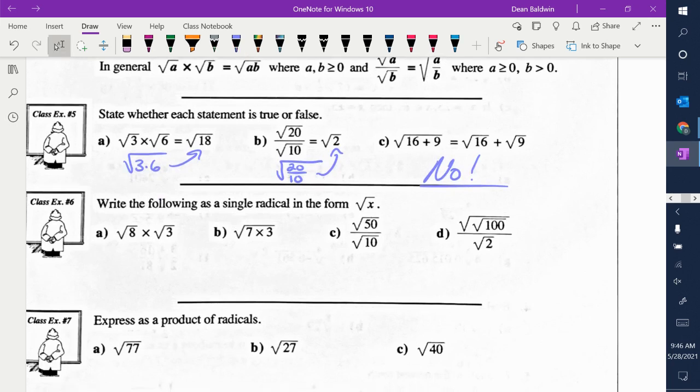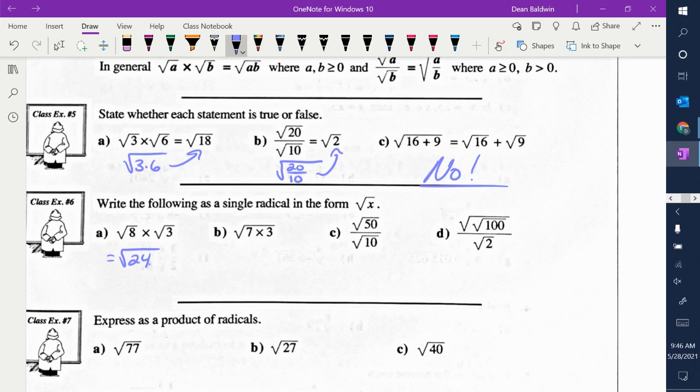All right, so now we're going to take 2 and write them together without saying if it's true or false. So root 8 times root 3, that equals root, sorry? I heard 24. Is that what people said? Let's go with that, because 8 times 3 is 24.